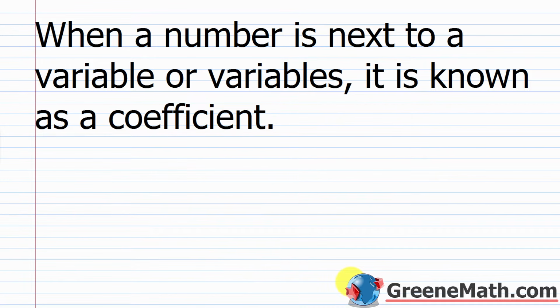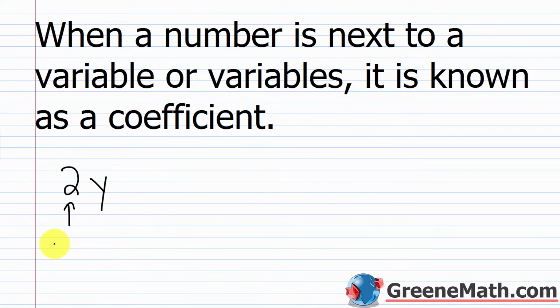Now here's another definition. When a number is next to a variable or variables, it is known as a coefficient. So in all these scenarios where I'm saying, okay, 2 times y, right? 2y is how we would say it, but 2 times y really because it's multiplying. 2 is the number that's multiplying the variable y.